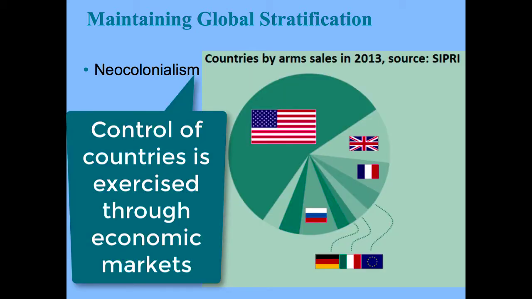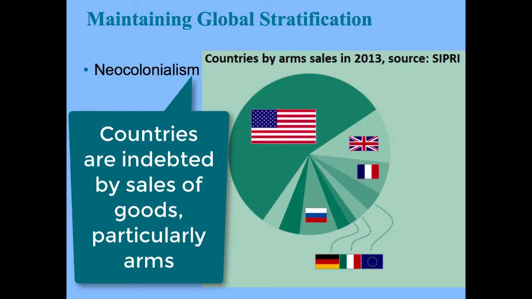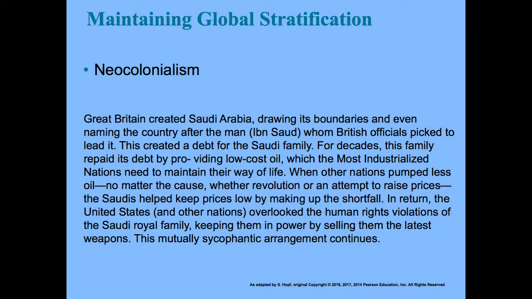For instance, goods are sold on credit to less industrialized countries, particularly weapons, so that the local elites can stay in power. By doing this, the less industrialized nations are kept in a web of debt and are at the mercy of their creditors. To illustrate this point, your author tells the story of how Saudi Arabia was founded by Great Britain and how it was ensnared in debt.